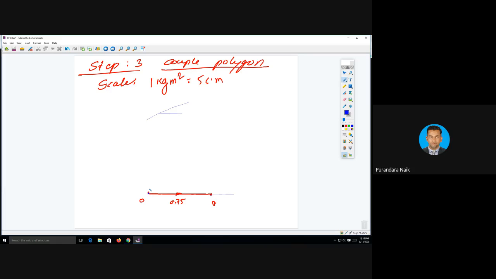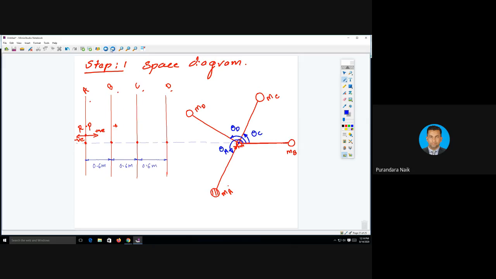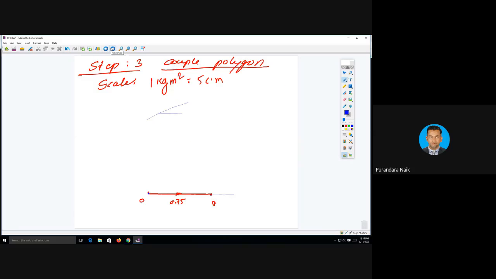So it is a reverse process, in such a way that you need to take a point, this point. Couple D is 1.08. If you take 1.08 into 5, we'll get 5.4 centimeter. Take 5.4 centimeter in the compass, mark 5.4 centimeter, and cut the length.